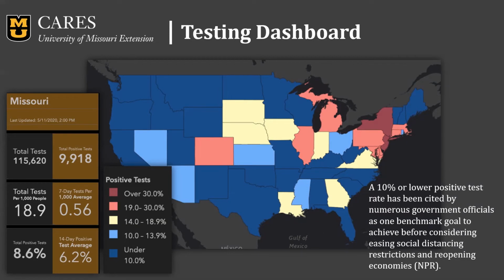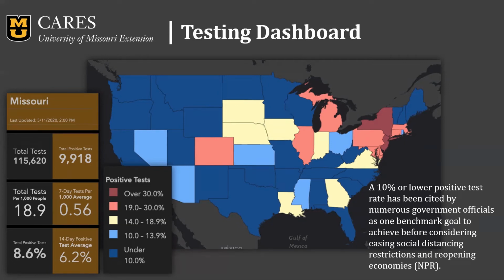This first map shows the cumulative positive percent tests for each state. That's the number of tests that are positive divided by the total amount of tests taken. All those states that are in deep blue have a test rate of below 10%. That is the official guideline.